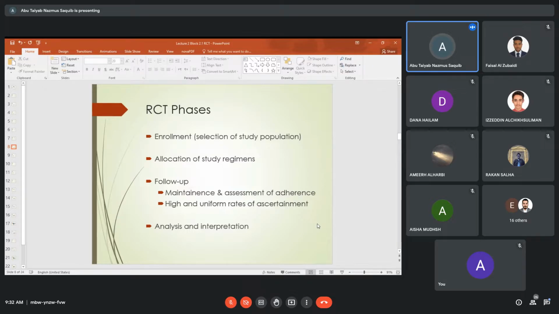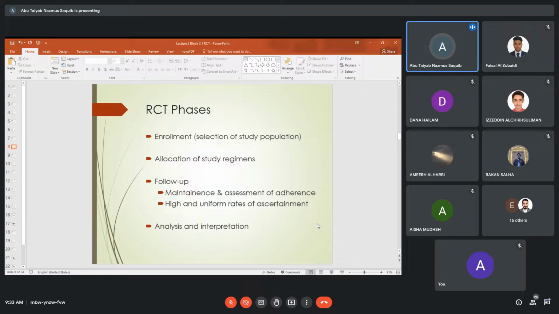Whatever the intervention is, whether it is a drug or a reminder, you need to allocate that to the intervention group, and then you need to follow them up for the study duration. Study duration, depending on the outcome, can be weeks or can be years. Whatever time it is, you need to follow both groups.